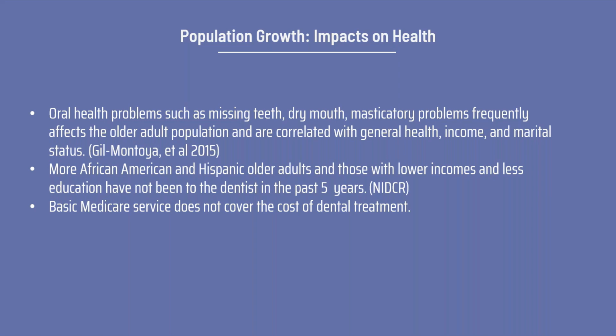According to the data of the National Institute of Dental and Craniofacial Research, African American and Hispanic older adults with lower income and less education have not visited their dentist's office in the last 5 years.